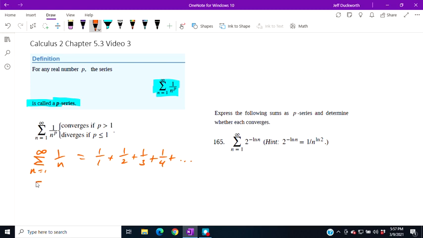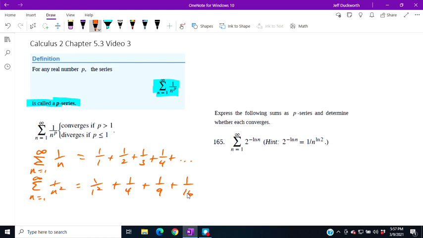Whereas conversely, that's 1 over 1 squared plus 1 over 2 squared, which is 4, plus 1 over 3 squared, which is 9, plus 1 over 16 and so forth. These are decreasing fast enough, and again, there's an exponent there. It's decreasing fast enough that we will converge to a given value.